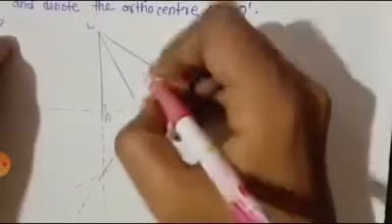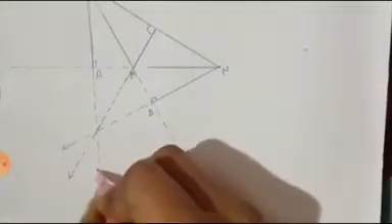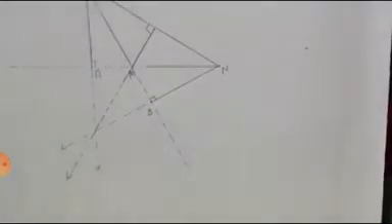To draw an altitude in an obtuse angle triangle, you extend the side and draw the altitude. Now here the orthocenter we can get below the triangle.